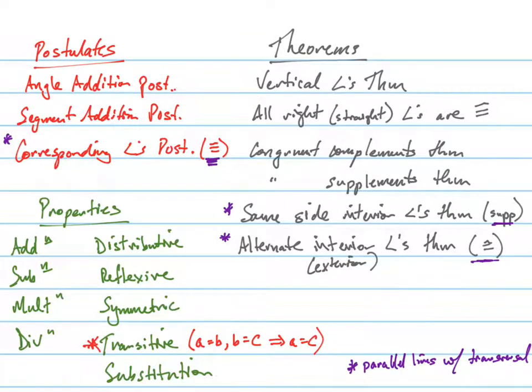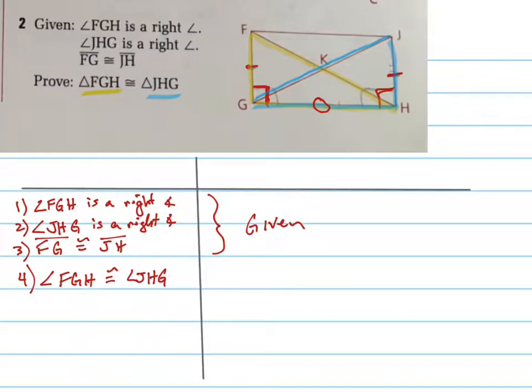So we write all right angles are congruent, or however your teacher or your book wants you to write that. They might have a name for it, or they might just have you write it out like that. I know it's kind of obvious, but you have to state the obvious when you're doing a geometry proof, okay? So we've proven that.